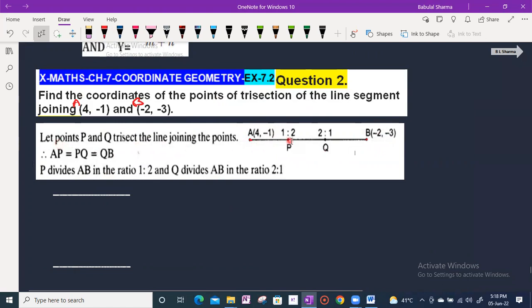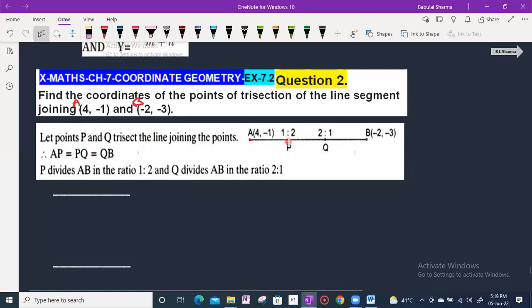Let the points P and Q trisect the line joining A and B, which means AP = PQ = QB. यहाँ पे 3 इक्वल पार्ट हुए, AP 1 part, PQ second part, and QB third part. So AP = PQ = QB.